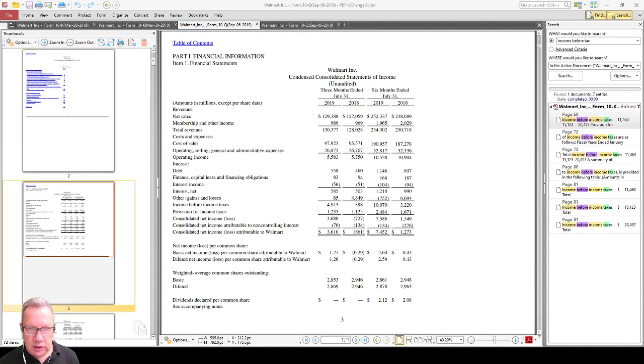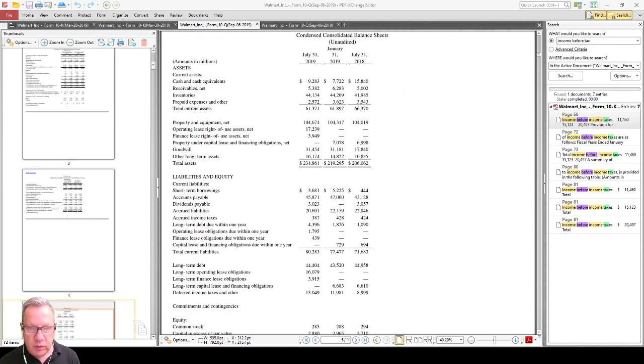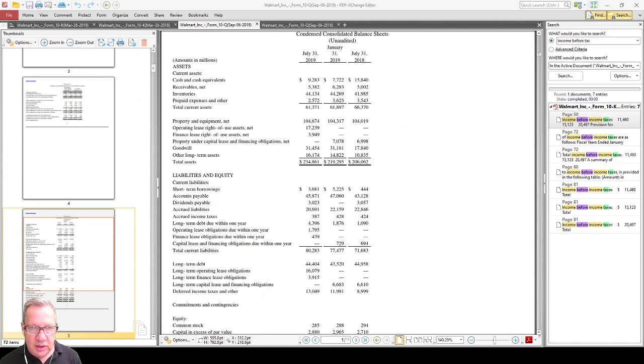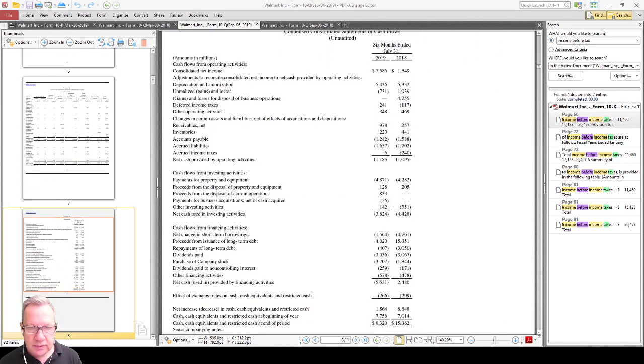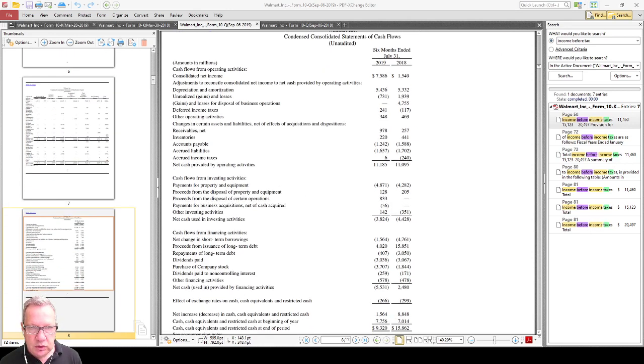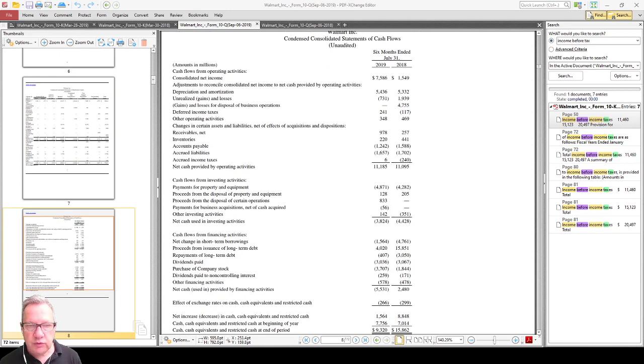It's in the cash flow. You'll notice, interestingly enough, we never looked at the statement of cash flows. You've got three statements, and one of them is your consolidated statement of cash flow. Cash flow looks at just how the cash has flowed in and out over a year period.